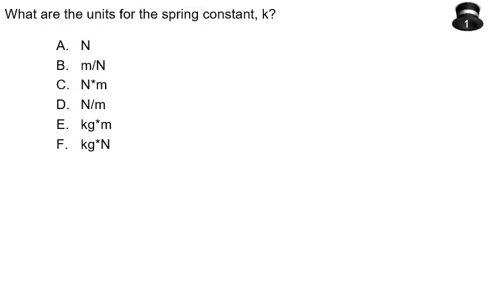Okay, so we'll start out with a practice question. Again, you can review these on Top Hat. The first question is, what are the units for the spring constant? Take a moment, think about it. I'm going to assume you've paused and you've come back. And you know from your reading that the units for the spring constant must be newtons per meter.